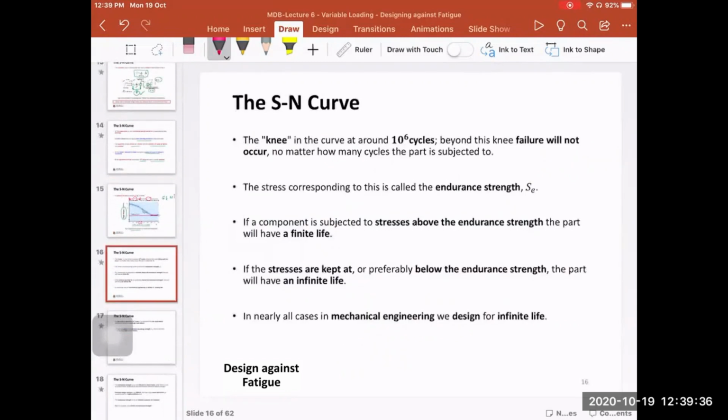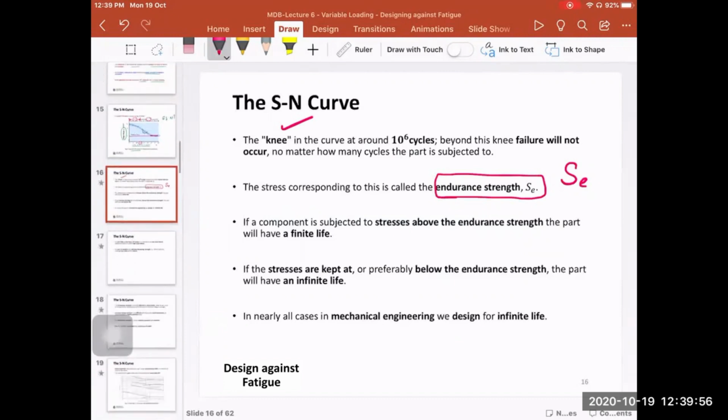This slide says exactly what I said on the previous slide in terms of the knee point and the endurance strength of the material. The endurance strength of the material is S sub E. This is the fatigue limit, or the strength of the material in fatigue.